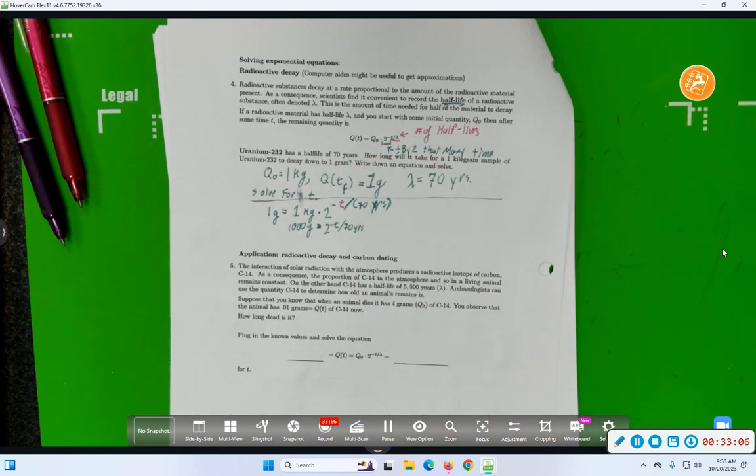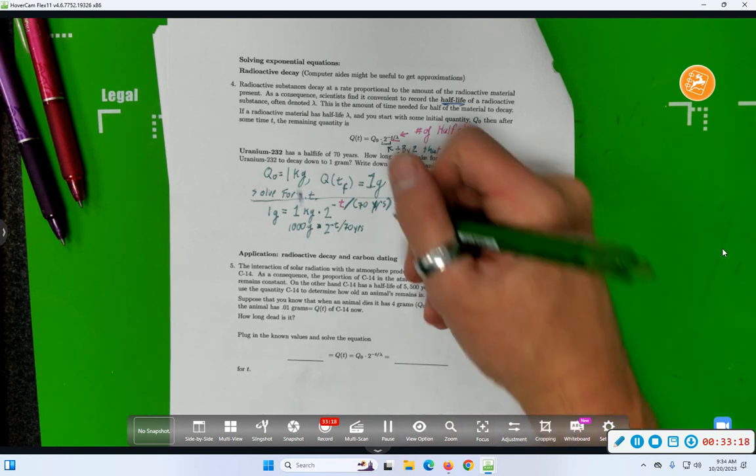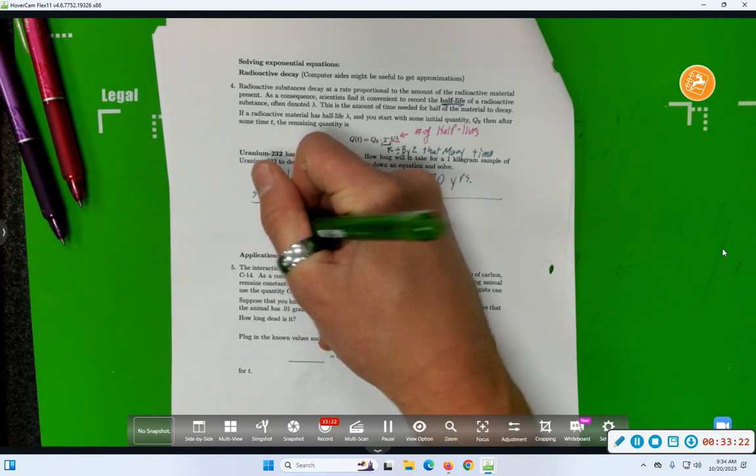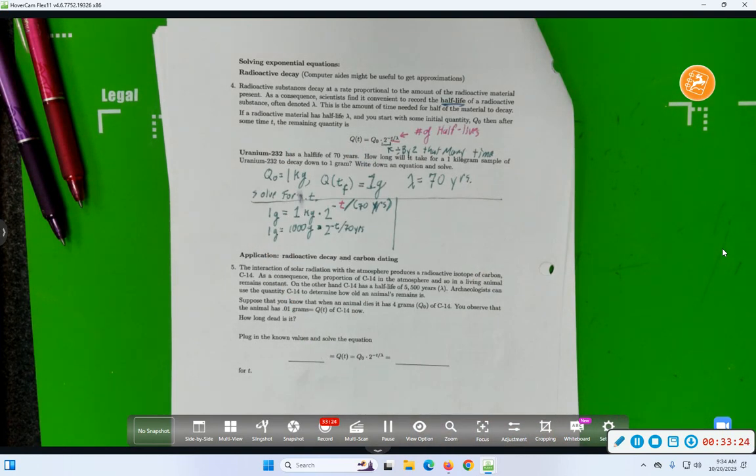And I'm going to keep writing the years next to the 70 because we'll see something interesting happen with the units and how they'll work out at the end. If you want to drop the years, remember that time is supposed to be measured in years. So, all right. 1 gram is equal to 1,000 grams times 2 to the negative t divided by 70 years.